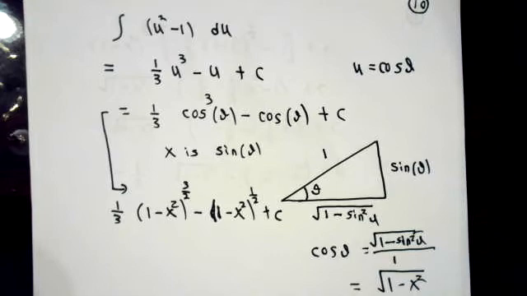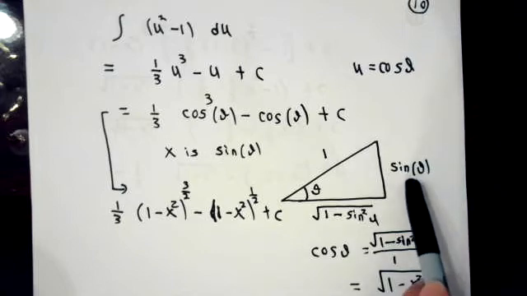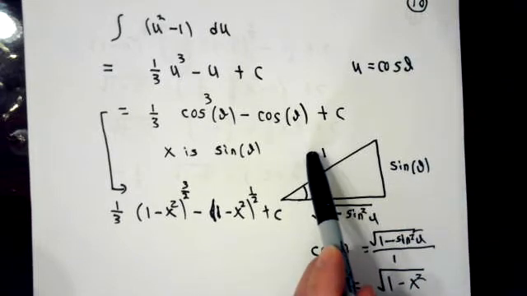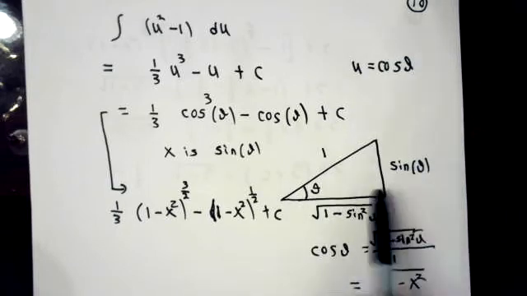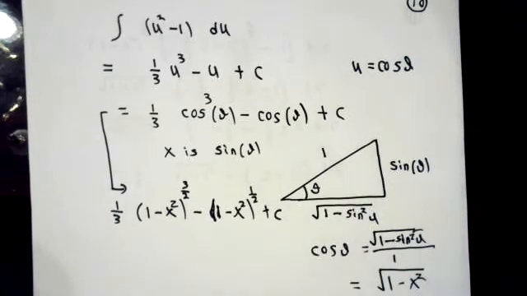There's lots of ways you could do this, but the laziest thing I could think of was to say this is sine of theta and this is 1. Opposite sine theta over hypotenuse 1 is sine theta. But once I know all three sides of the triangle, I'll be able to figure out any trig function of theta that I want.